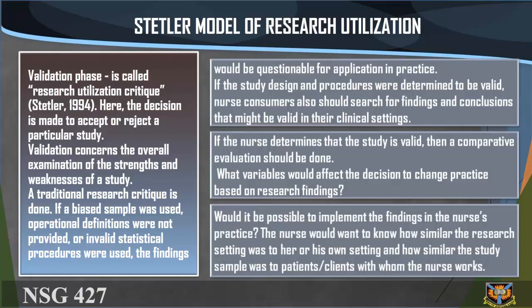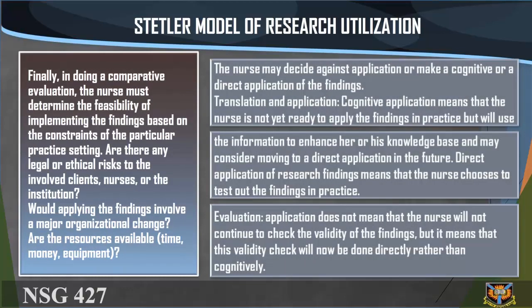The nurse would want to know how similar the research setting was to her or his own setting, and how similar the study sample was to patients or clients with whom the nurse works. Finally, in doing a comparative evaluation, the nurse must determine the feasibility of implementation of the findings based on the constraints of the particular practice setting.